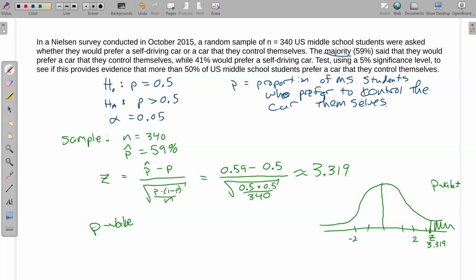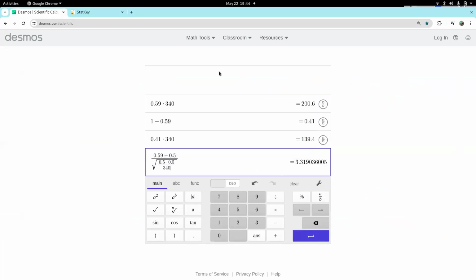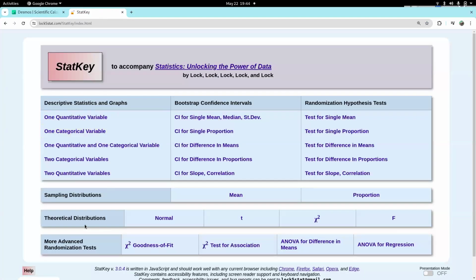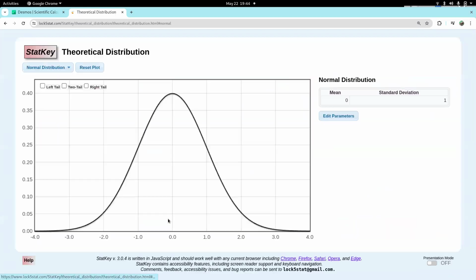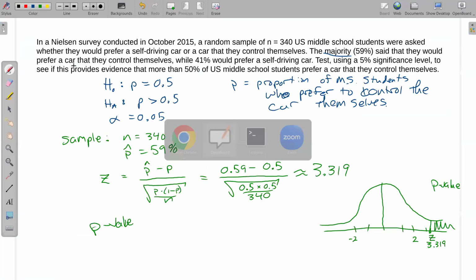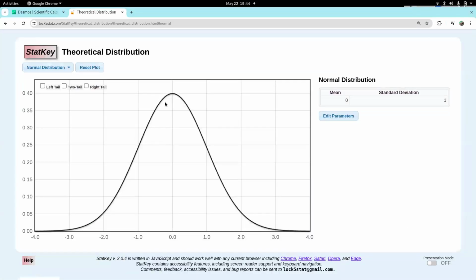So let's look at a normal distribution calculator to figure that out. StatKey has one of those. Theoretical, normal. For z-scores, we want the mean to be 0 and the standard deviation to be 1. And this, double check, is a right tail test because of the greater than on the alternative. The alternative always determines the test.